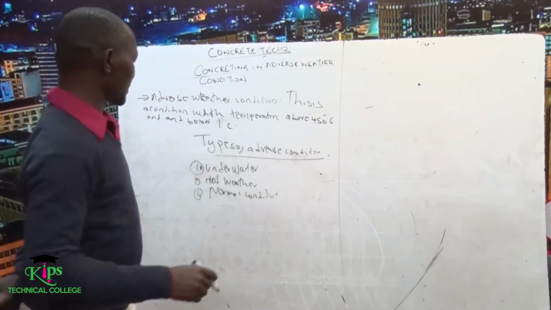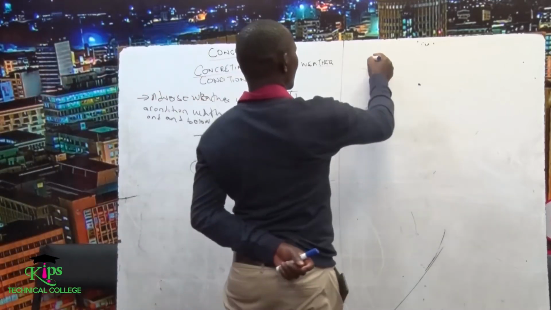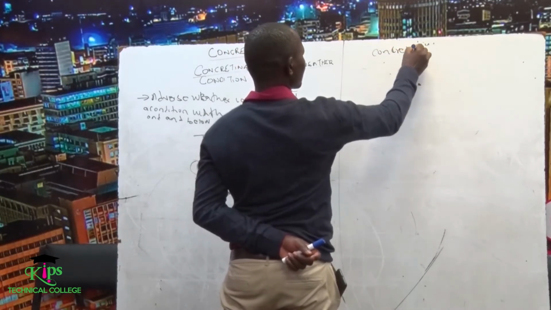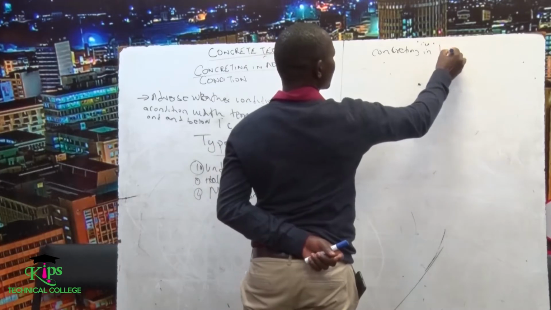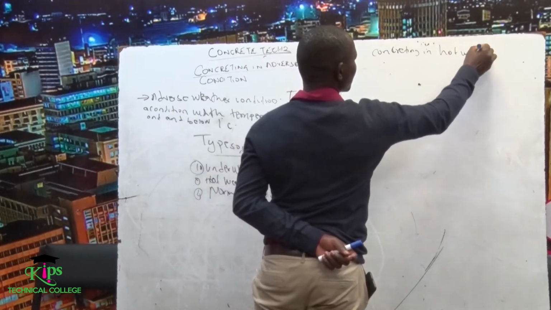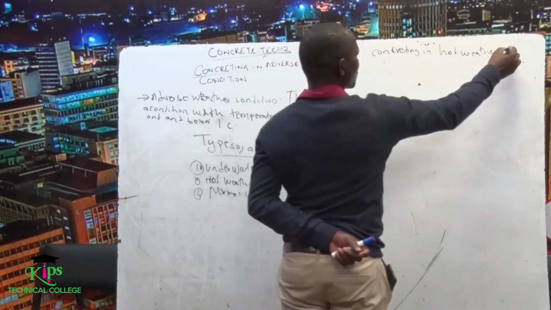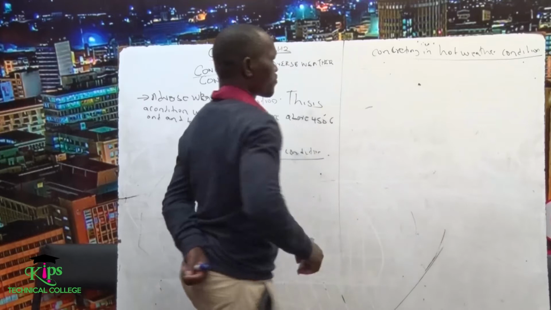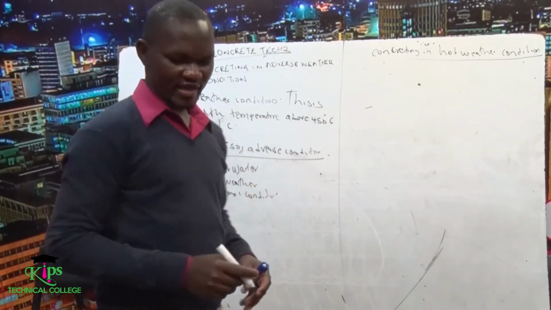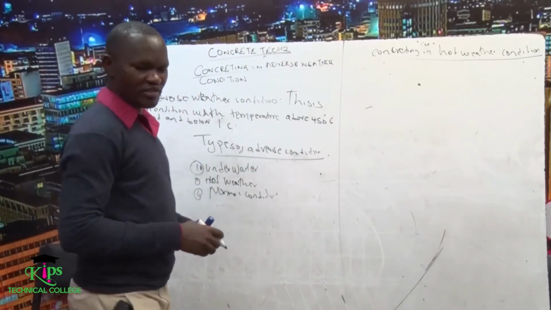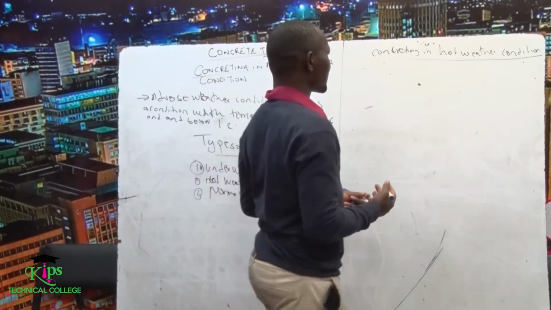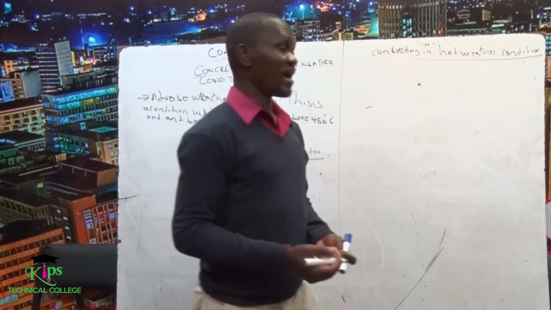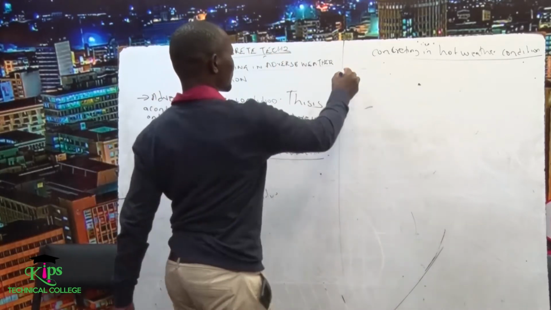So in the class, we started with concreting in hot weather conditions. When we say we want to concrete in hot weather conditions, we simply mean we are placing our concrete in a place with a temperature above 45 degrees centigrade.